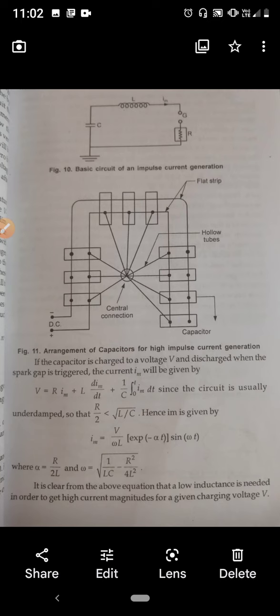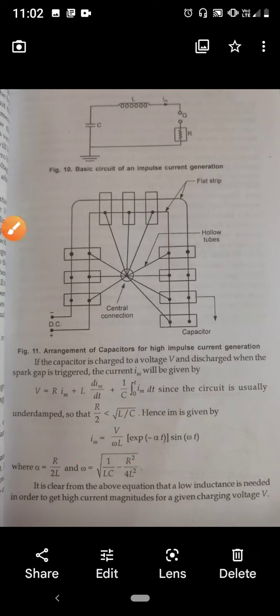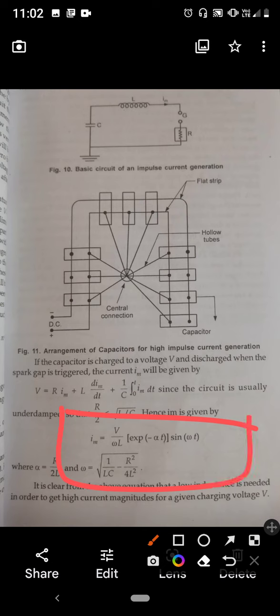So here you can easily see, for generation of high current we will use a low reactance inductance, because I is equal to V upon omega L. Here you can clearly see in this formula, Im is equal to V upon omega L, e raised to power minus alpha t, sin omega t.